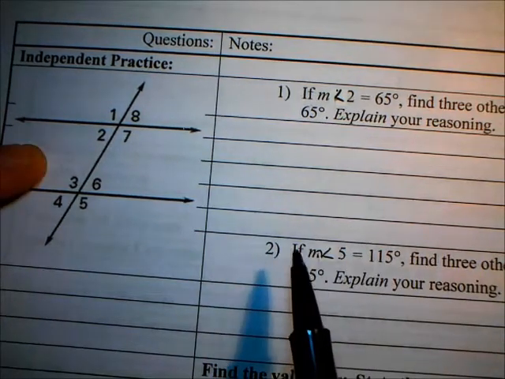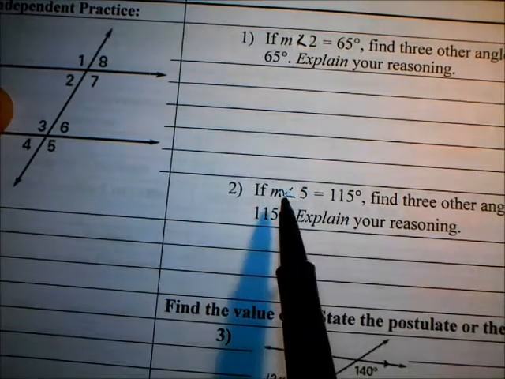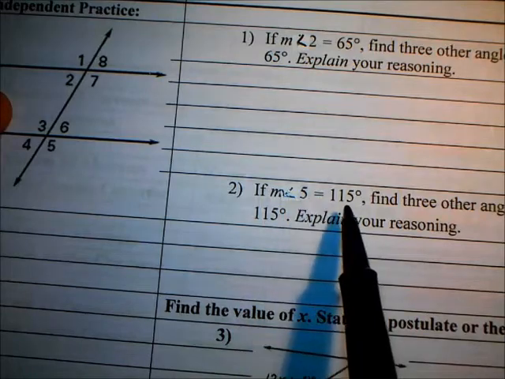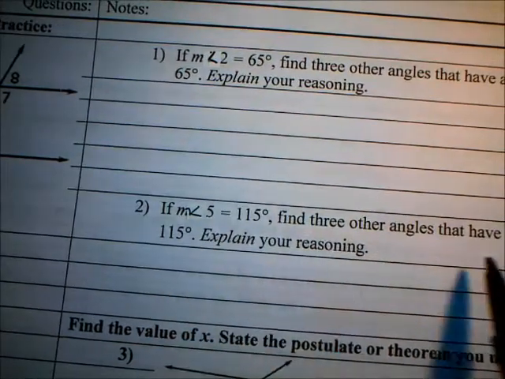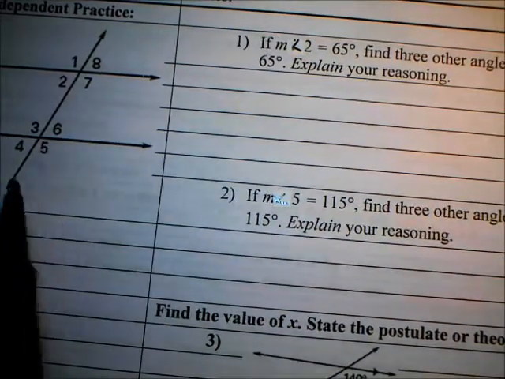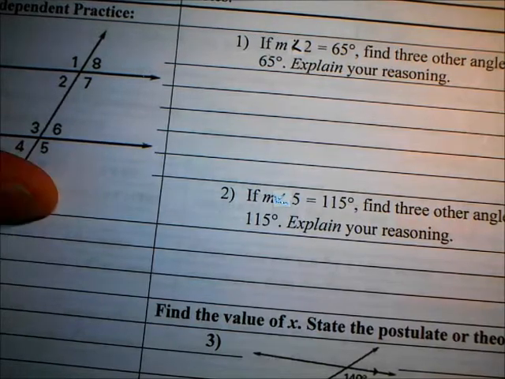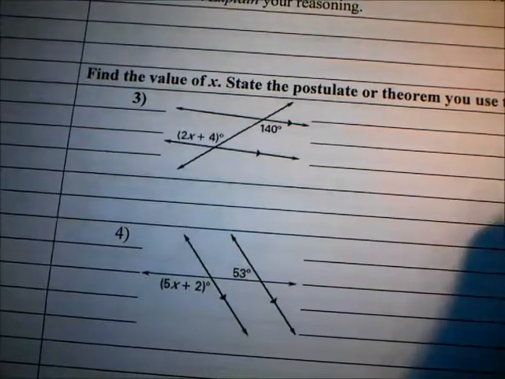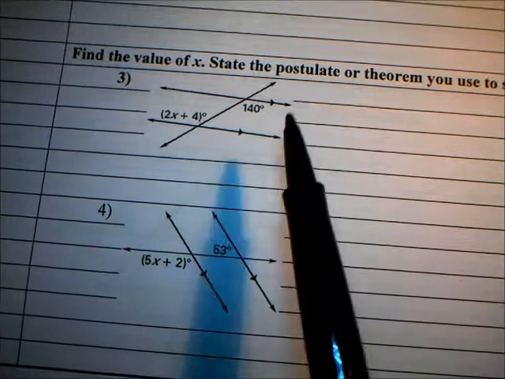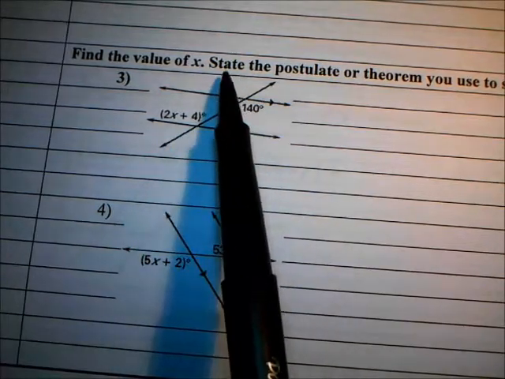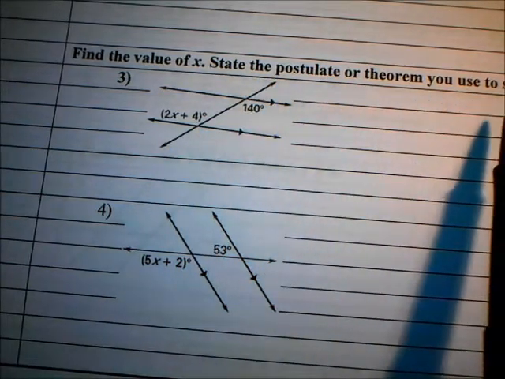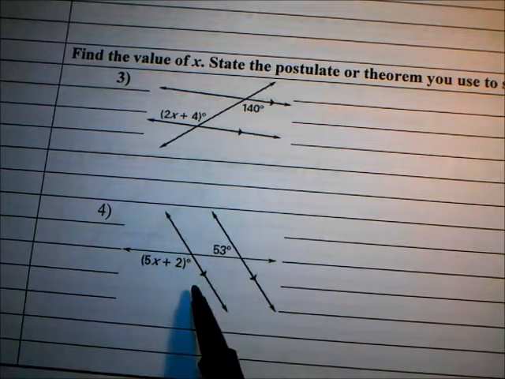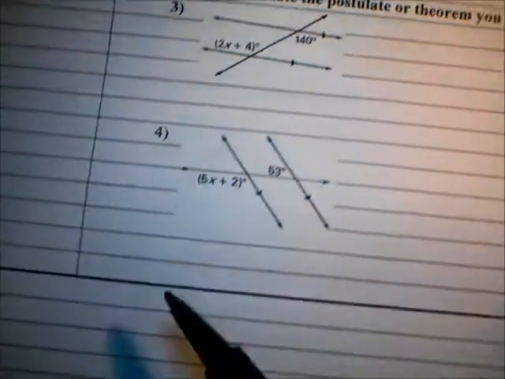And then using the same picture, you're going to say that angle 5 is 115. That wants you to find 3 other angles and state why they are congruent, like I did in my example. And then you have examples 3 and 4, where you're trying to find the value of x, and then make sure you state the postulate or theorem that you use to actually solve that problem. Make sure you answer your summary.